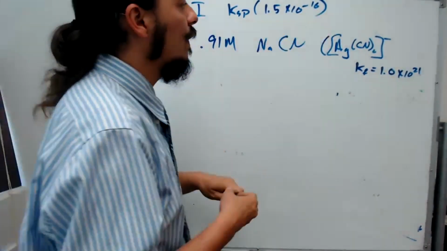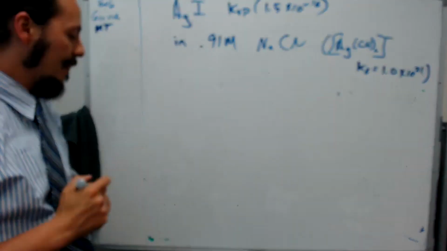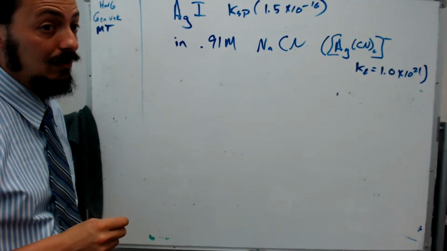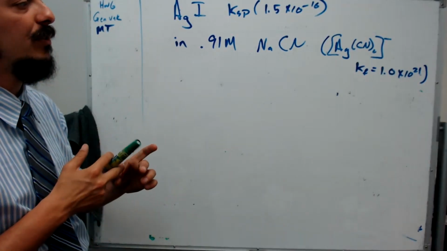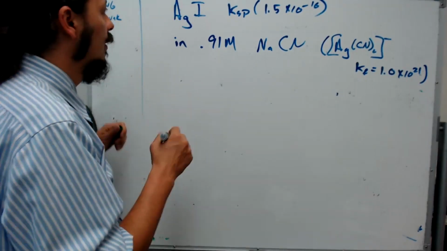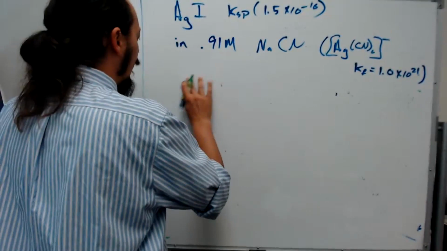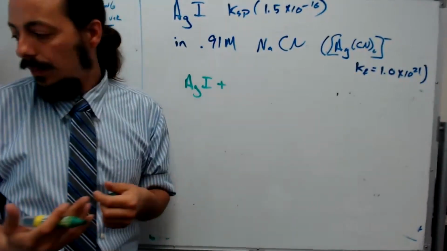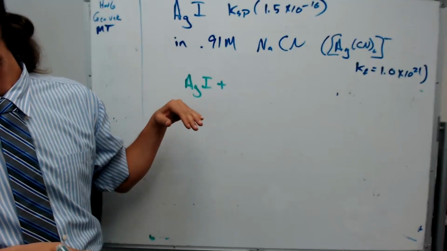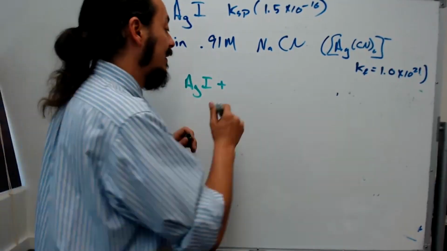So we know that the KF is a big number, and it's bigger than the KSP is small. So I'm going to choose to write this reaction in terms of the formation reaction. When I look at the reactants, I have the solid AgI and the CN minus solution.